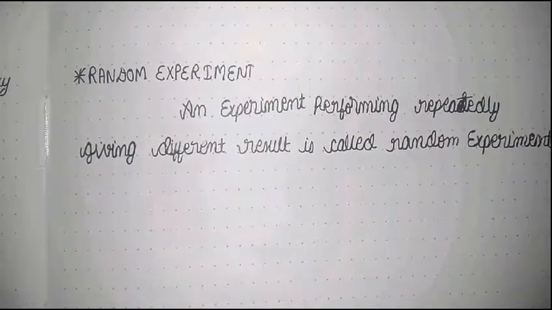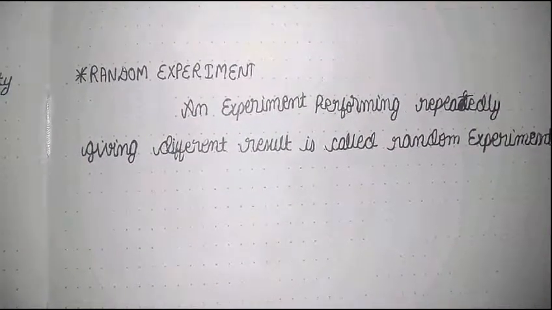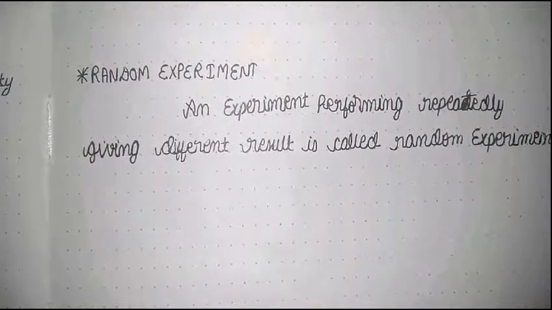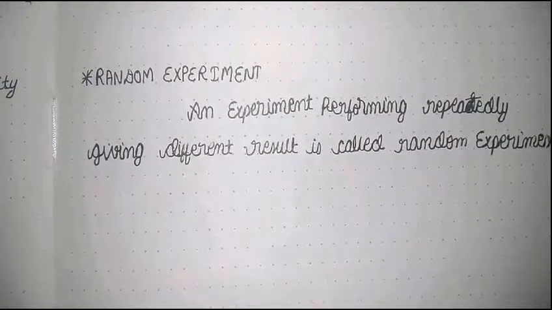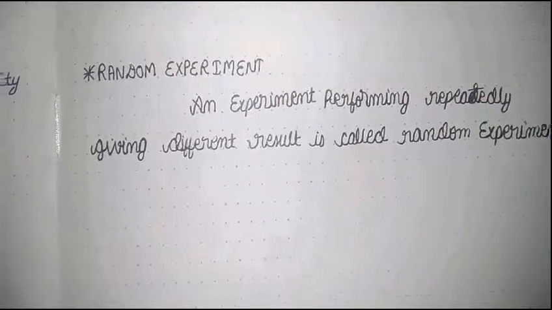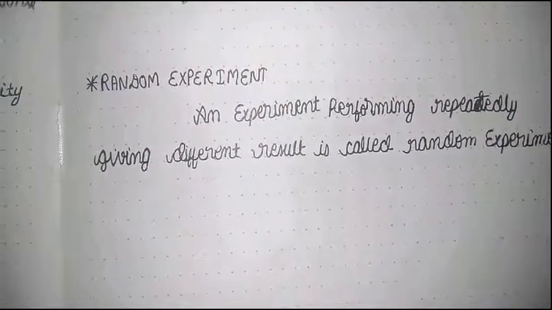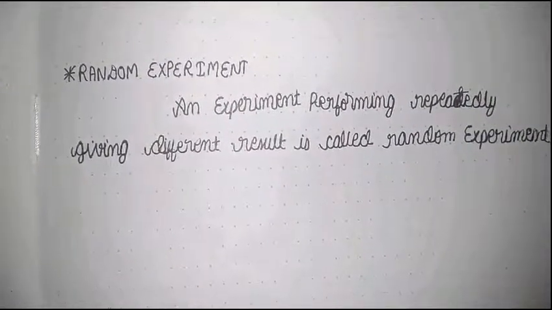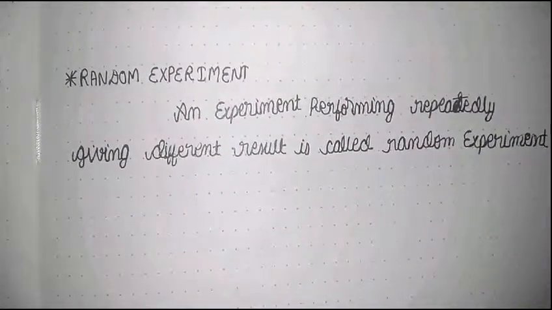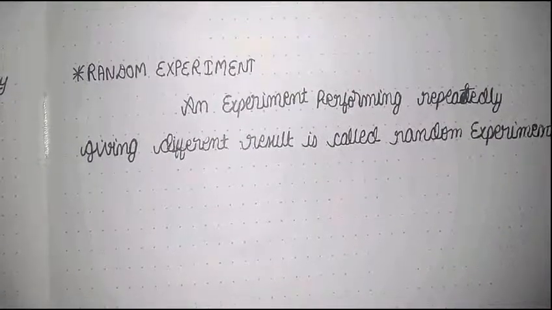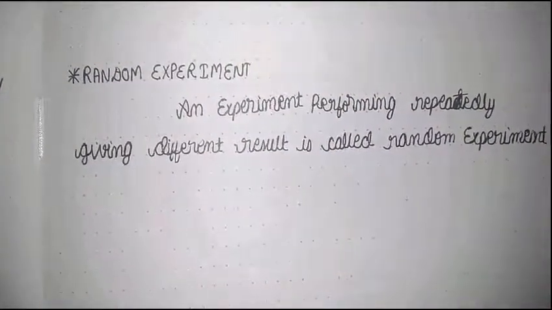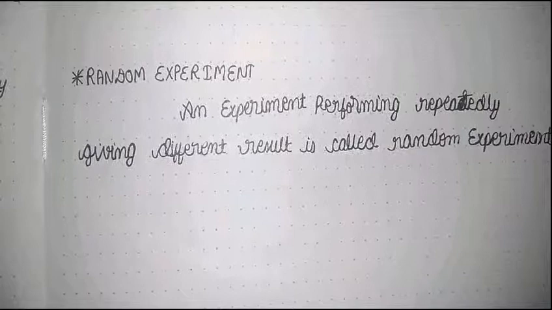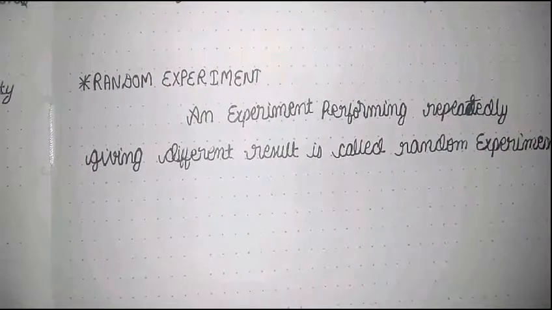That means, friends, whenever we conduct an experiment, we will get different types of outputs in a different manner. So this type of experiment is nothing but a random experiment, which is often used in solving problems of probability.